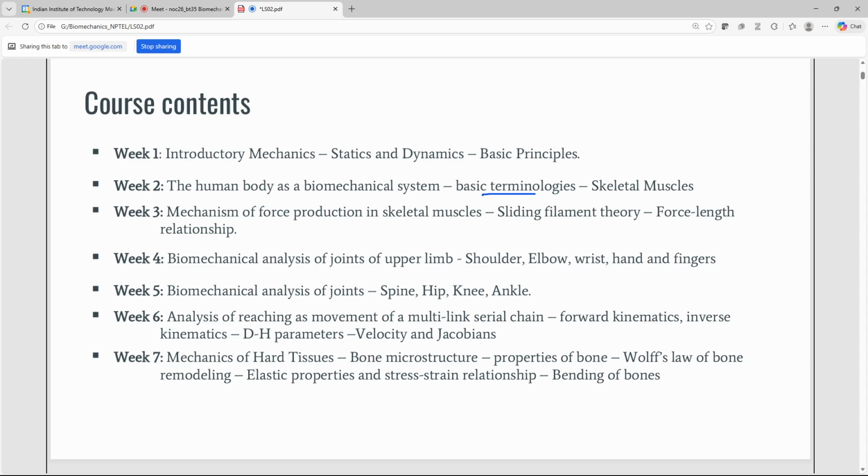How these skeletal muscles move, and how the force is developed, is also discussed in week 2 in the excitation coupling manner. Mostly, this week 2 is comprised of basic terminologies and how we can refer to motion, or how, in biomechanics terms, we can represent or express the motions and movements.